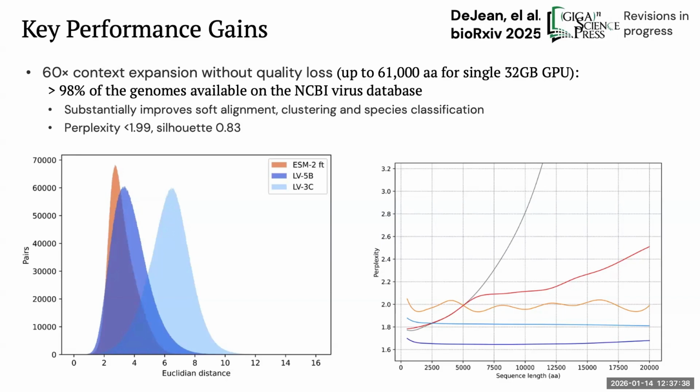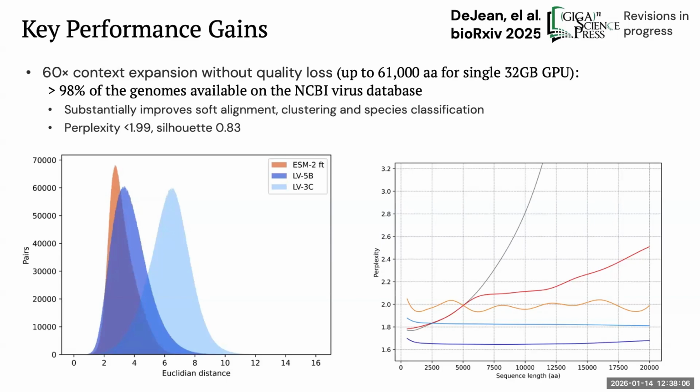The vast majority of genomes deposited to the NCBI have a length that is less than 60,000 amino acids. So this covers about 98% of the viruses on the NCBI. And so imagine you can pretty much analyze full viral genomes on a server that runs in your lab, which is pretty cool.